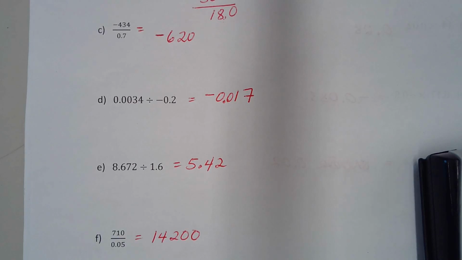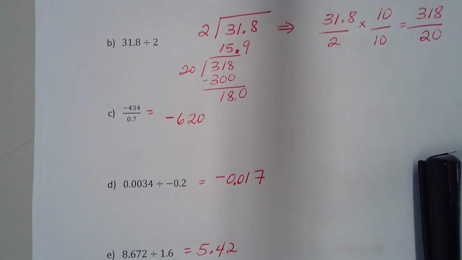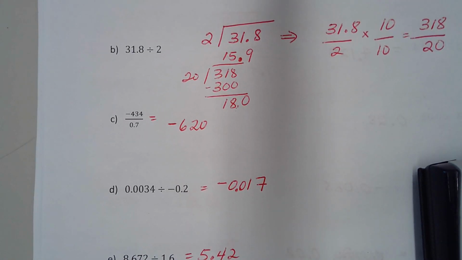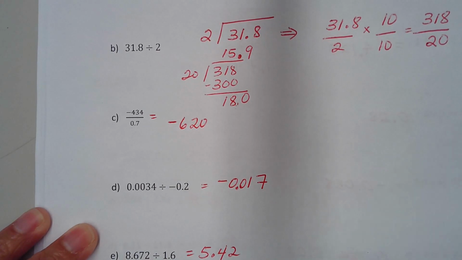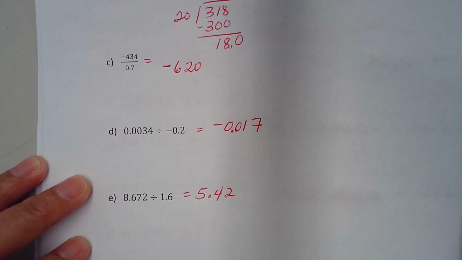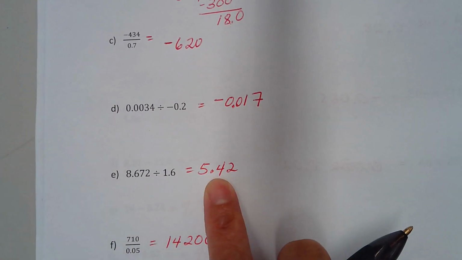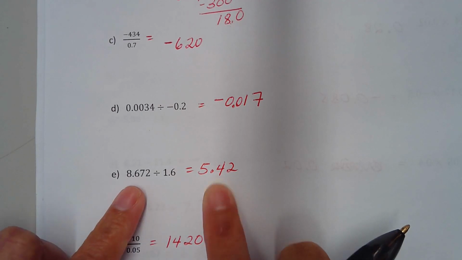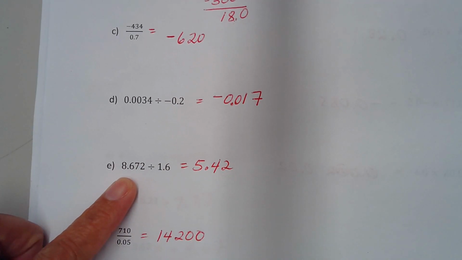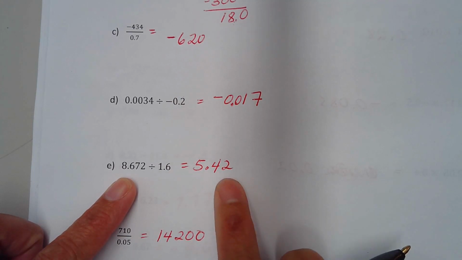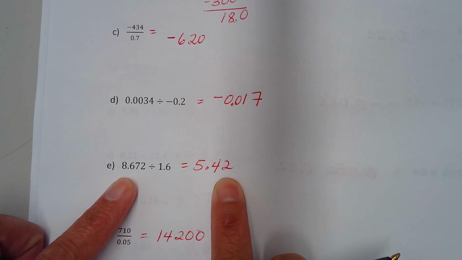Haley, which one? Letter E? Well, you don't put the zeros for E. You just put the numbers. I got 5.42.